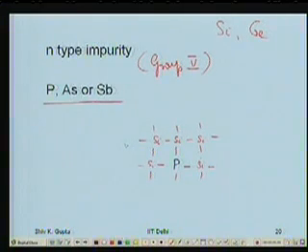It also forms 4 sp3 bonds. But being from group 5, it has 5 electrons in the outermost orbit. So this positive ion of phosphorus takes part in bonding, and the size of that orbit is what I will just make a very crude estimate of.